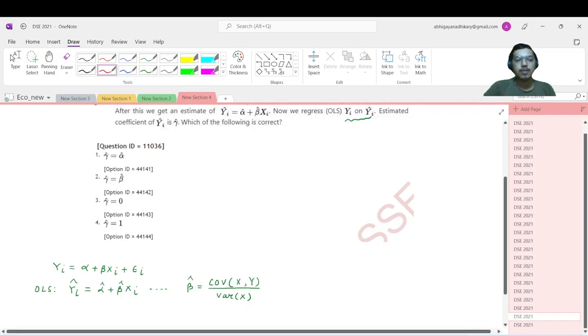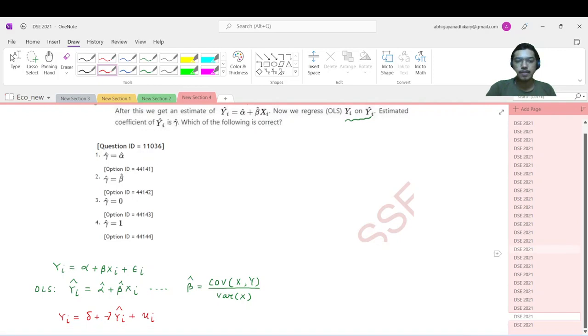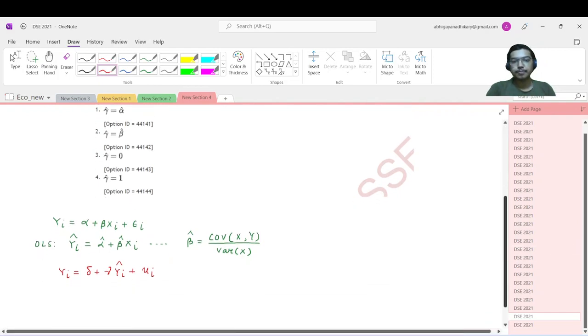So the model will be delta plus gamma yi hat plus, let's say, ui. This is the model. And after fitting OLS, you will be getting an expression for gamma hat as well.